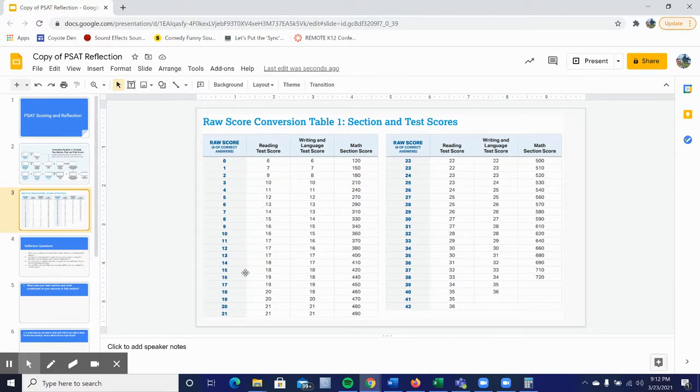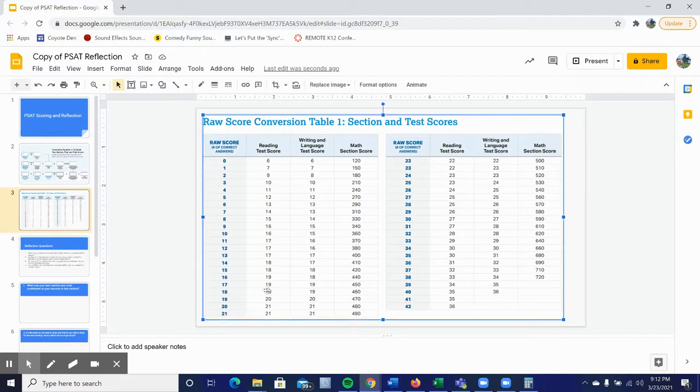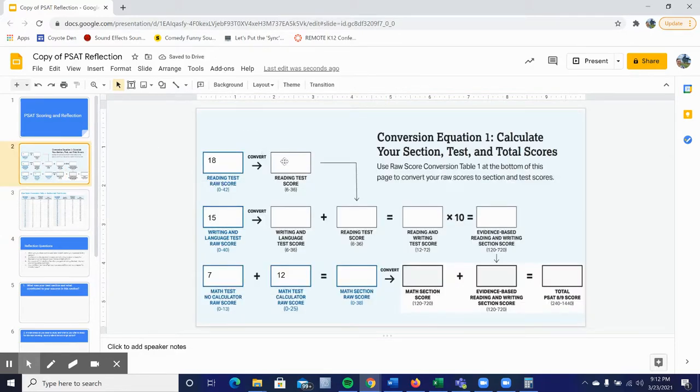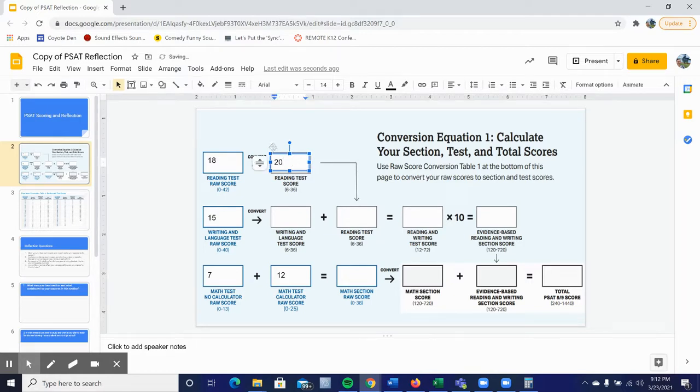Since we had 18 questions correct, that translates right here to a score of 20. So we would go back to our slide number 2. We know that this translates to a score of 20, and following our arrows, we will drop that 20 down into its final box.